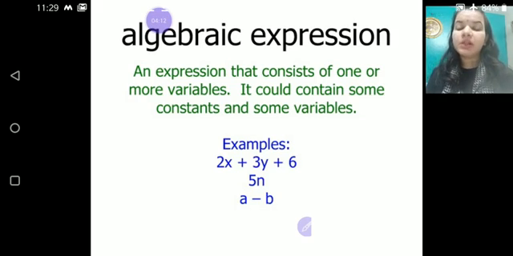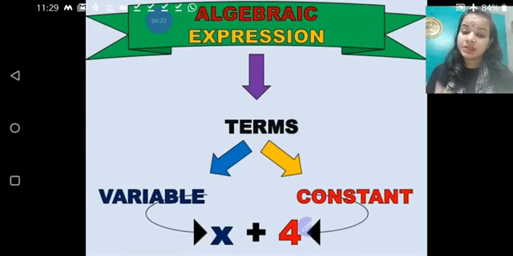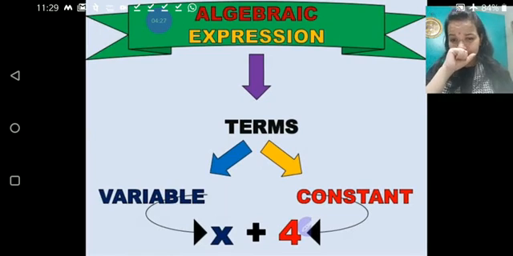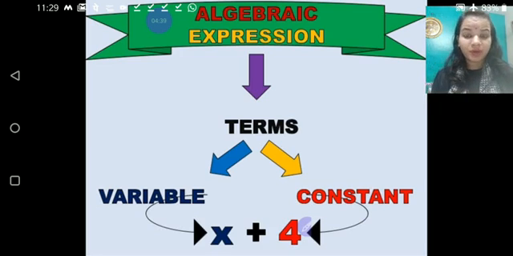For example, 2x plus 3y plus 6, 5n or a minus b, all these are algebraic expressions. Like x plus 4, here x is the variable, 4 is the constant. So the expression that will be formed is known as your algebraic expression.